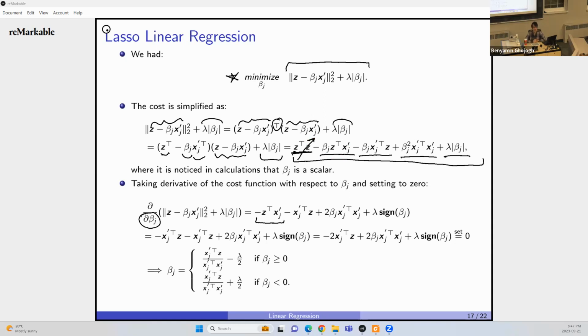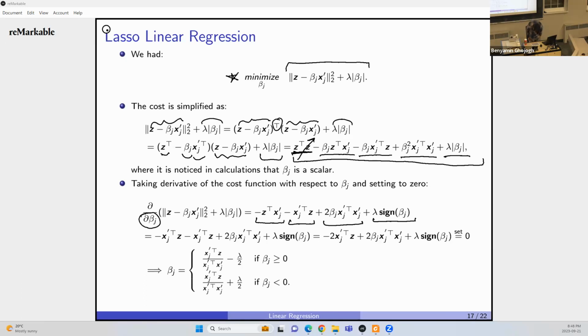By the way, this derivative is very simple. Why? Because it's a derivative of a scalar with respect to a scalar. If it is a scalar, that's exactly high school derivative. This is also linear with respect to beta j, so it is this. This is quadratic with respect to beta j, so it becomes 2 beta j, right? What is this? Derivative of absolute value. We just talked about it. It's the sign function. It's this sign of beta j, right?